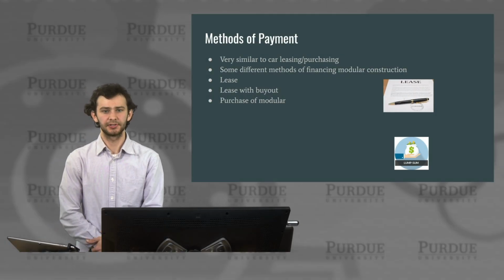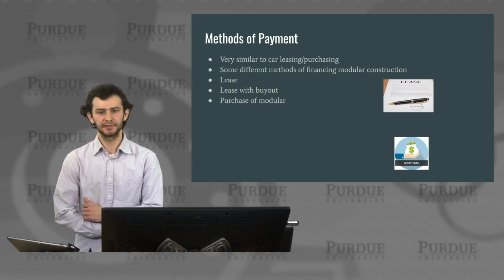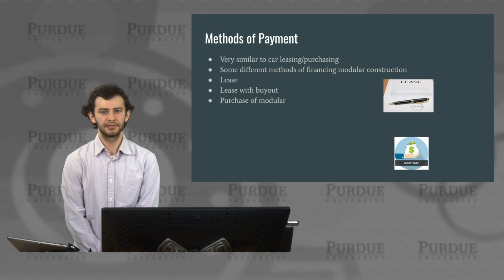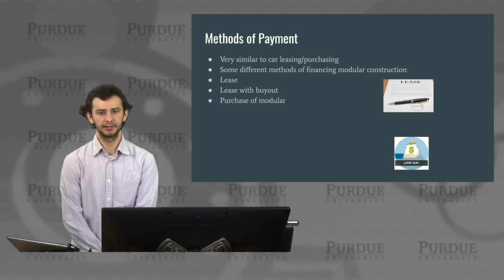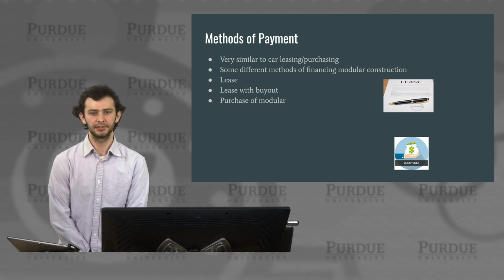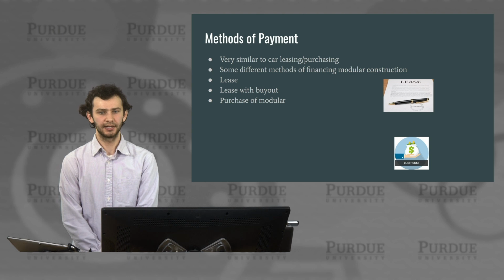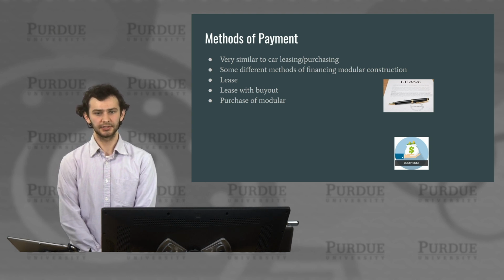So I'm going to talk about some methods of payment. This is very similar to car leasing and purchasing, and some different methods of financing these modular constructions are leasing, leasing with buyout, and purchase of modular. So leasing will be a monthly payment, and you will not entirely own the modular.